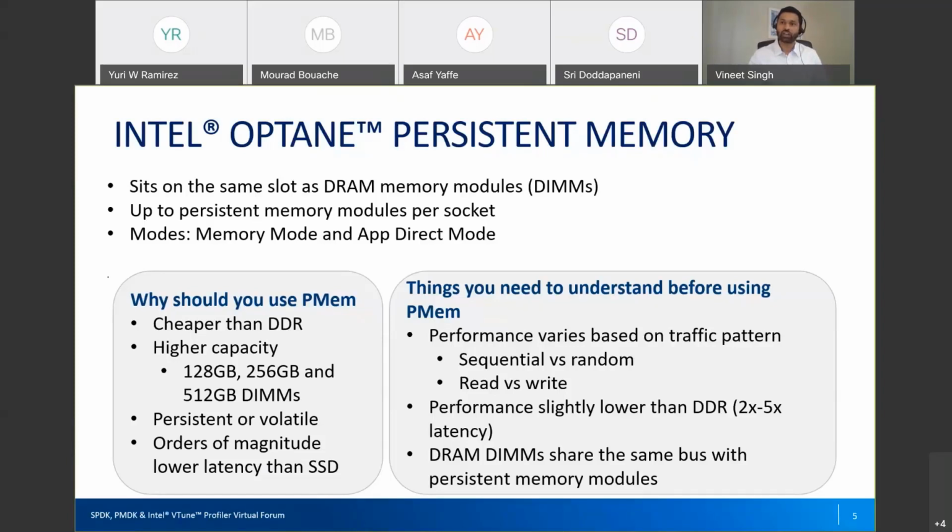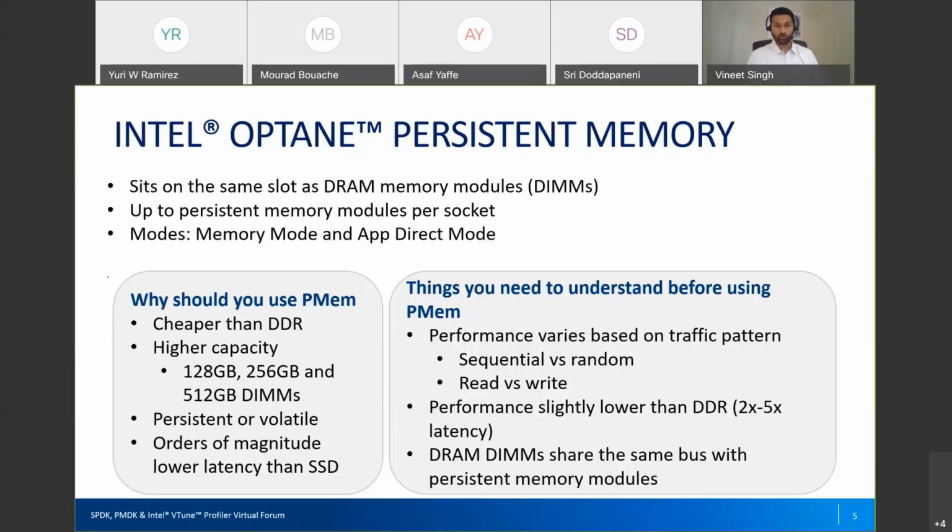There is a way to use this technology just as volatile memory as in case of DRAM. It's way faster than your SSD. The latencies are an order of magnitude lower than your SSD. So you get a large capacity main memory, whose performance is kind of similar to DRAM.